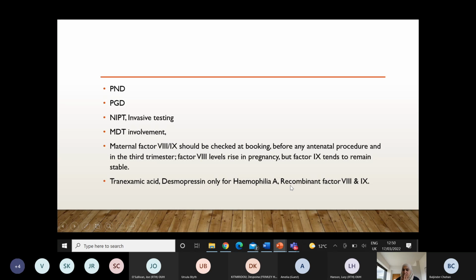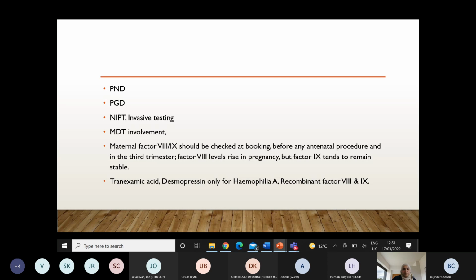The recommendation is that they have factor 8 levels done in all trimesters. If the levels are quite good, then you can manage them in the local units. So that's how hemophilia is. I haven't seen hemophilia B. I've seen 2 hemophilia A patients.